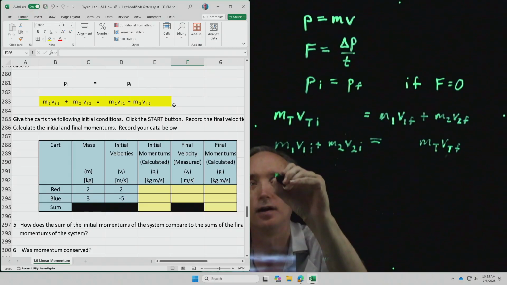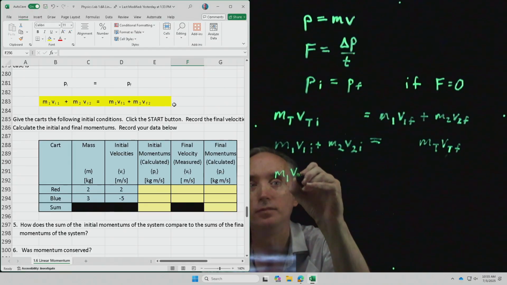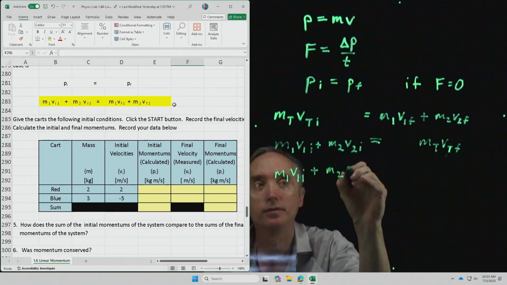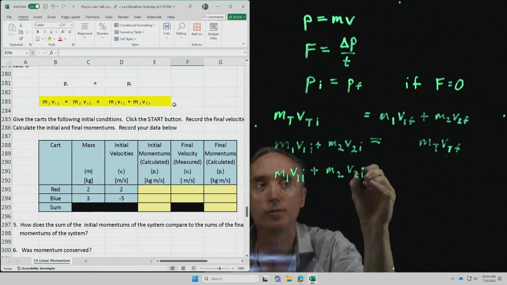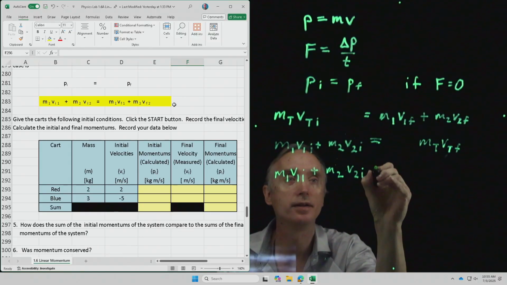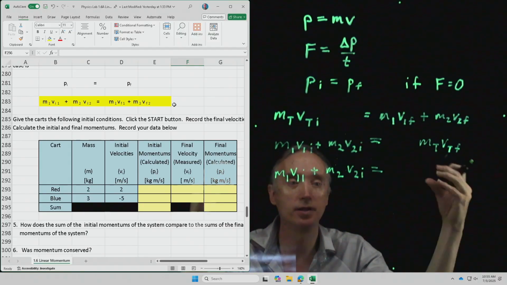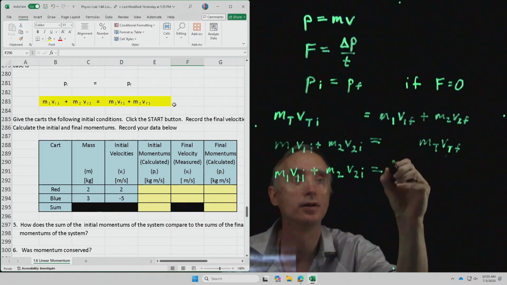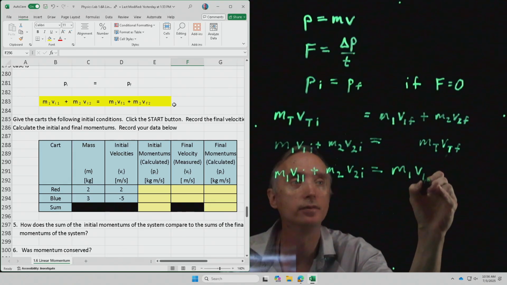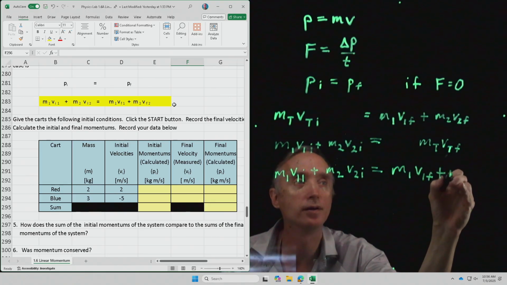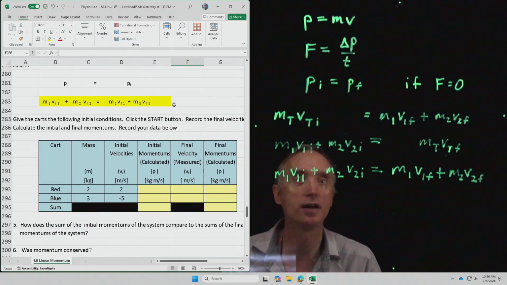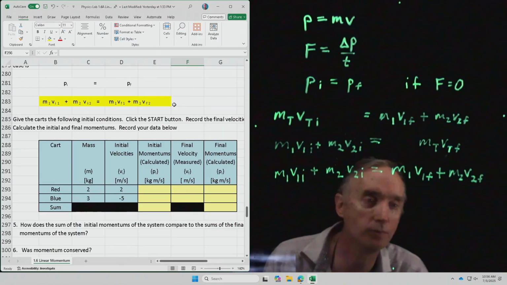So we're going to have M1 V1 initial plus M2 V2 initial. And remember that M1 could be like red and M2 could be blue. And then it's going to equal, okay, now they're going to hit and then bounce off of each other. So it's going to be M1 V1 final plus M2 V2 final. So it's kind of a combination of these two all put together.